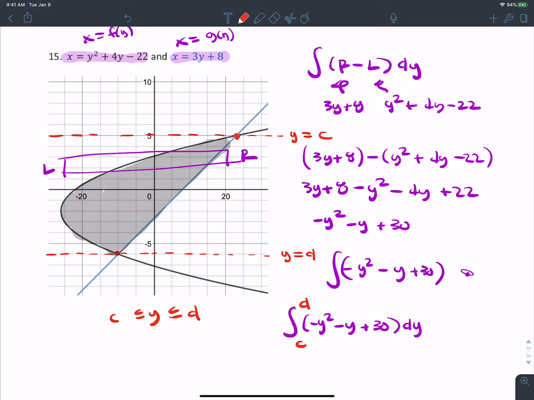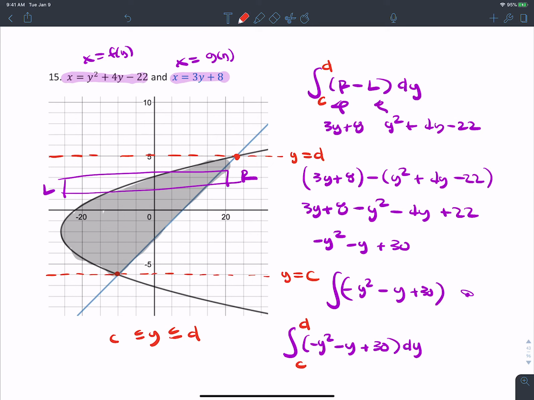Just be careful here. To fix this, this has to be c, and this is d. There we go. Now we're c to d, lower to upper.